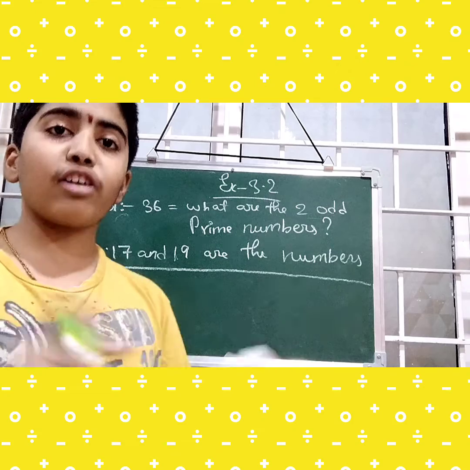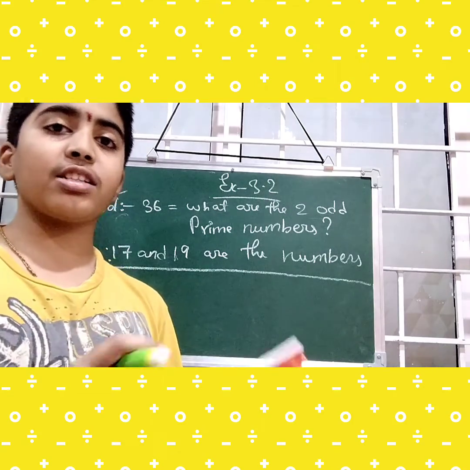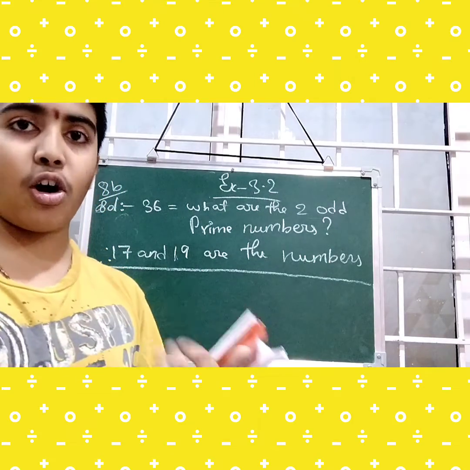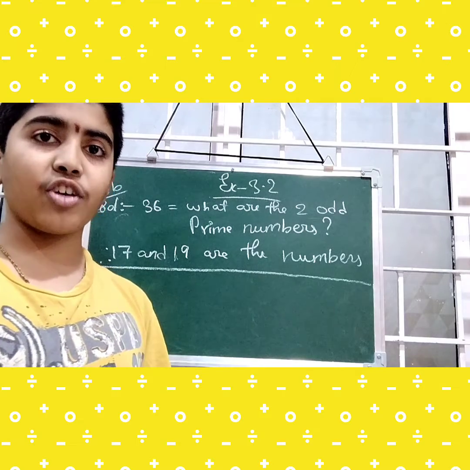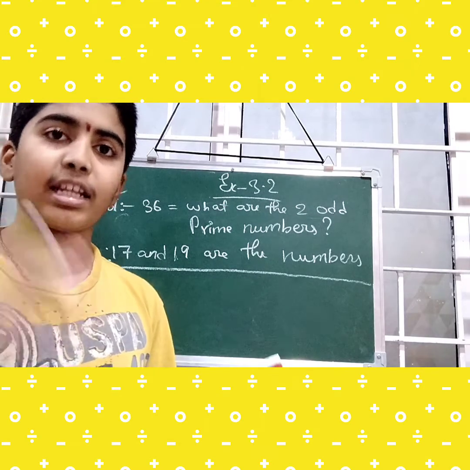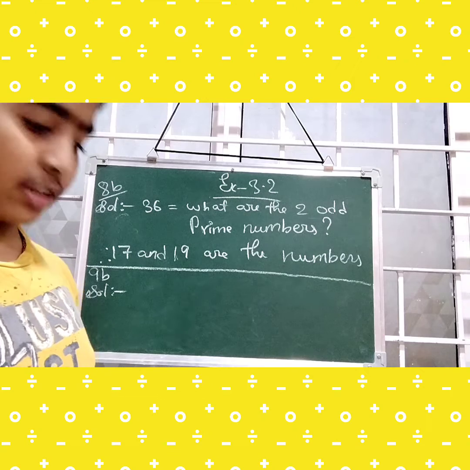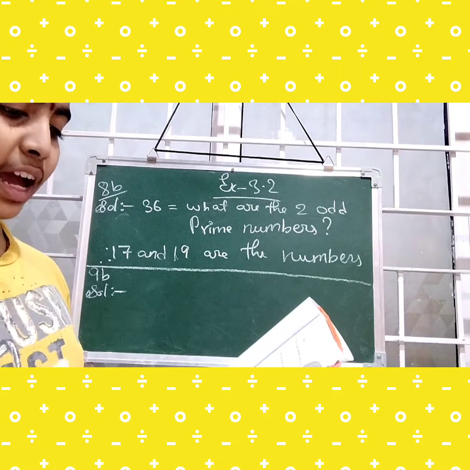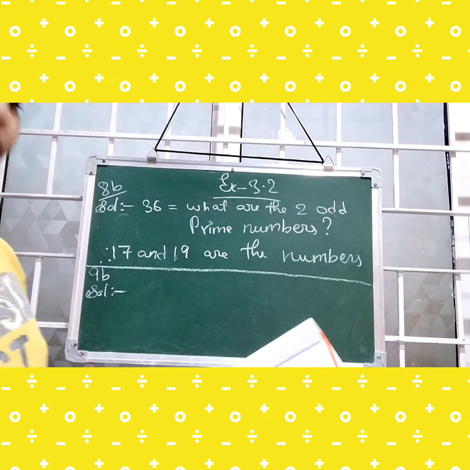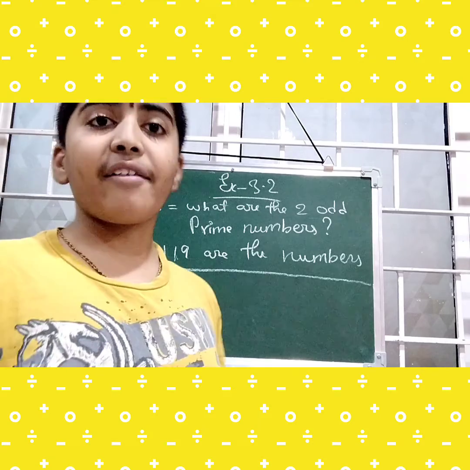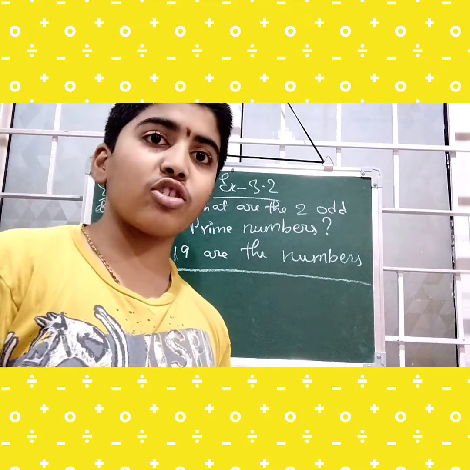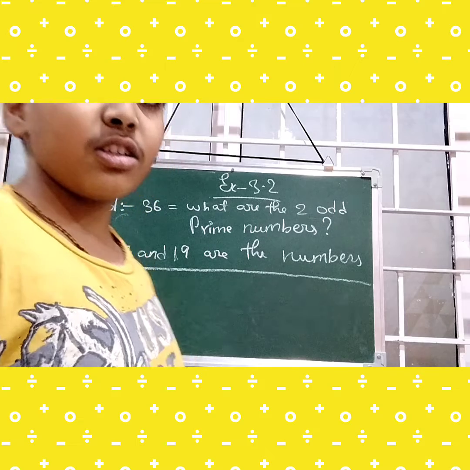I told you about composite numbers in the last video. If you want to see again, you can see the last video. So they are asking for consecutive numbers below 100, and we need to write only 7 consecutive numbers. There are so many such numbers.